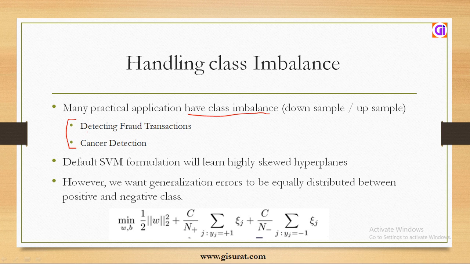Consider we have 1000 transactions, and from these 1000 transactions, 10 are fraud transactions and 990 are right transactions, not fraud.